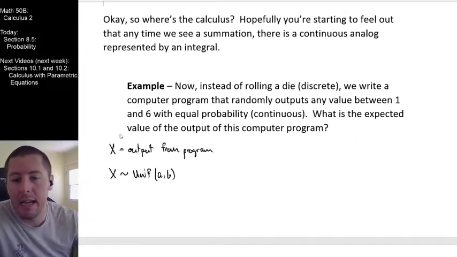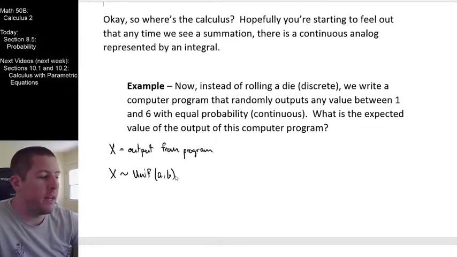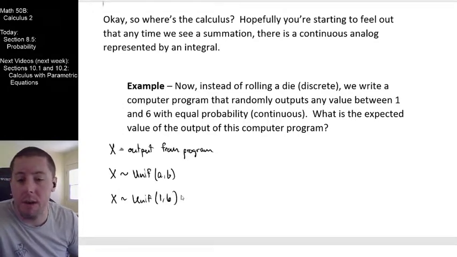So again, in English, this says the random variable X is distributed according to the uniform distribution, meaning all outcomes are equally likely, with a lower bound of a and an upper bound of b. And in our case, our random variable X is a uniform 1 to 6 variable, any value from 1 to 6.